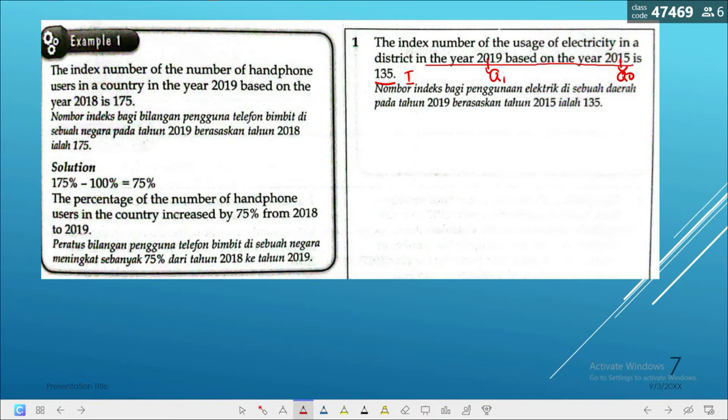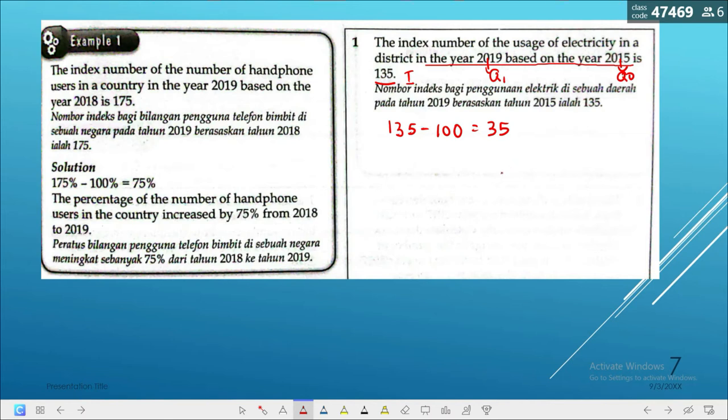Remember when we compared the increase of the price of the X brand smartwatch just now, when we calculated, we got 10%. So you can see here is 135. Is it increasing or decreasing? It is increasing. How much does it increase? 135 minus 100, you will get 35. So the increase is 35.